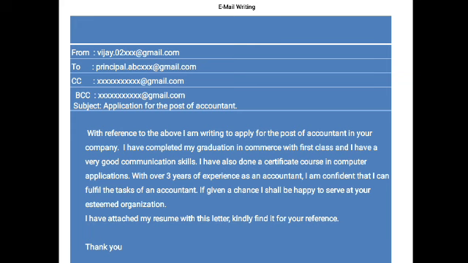With over 3 years of experience as an accountant, I am confident that I can fulfill the tasks of an accountant. If given a chance, I shall be happy to serve at your esteemed organization. I have attached my resume with this mail. Kindly find it for your reference. Thank you. So like this you can write an email, or you can write a letter, right?